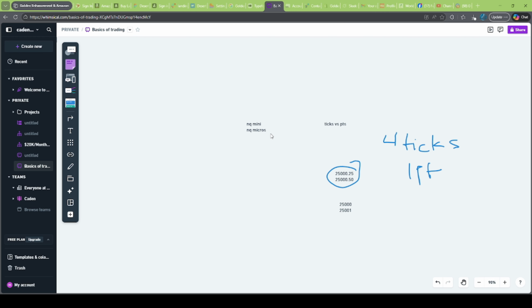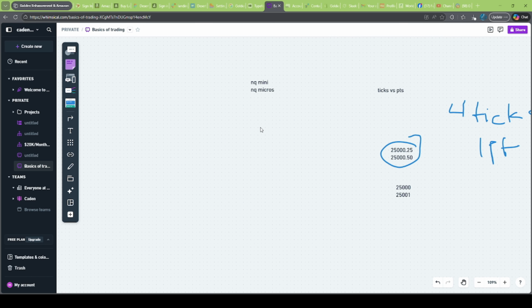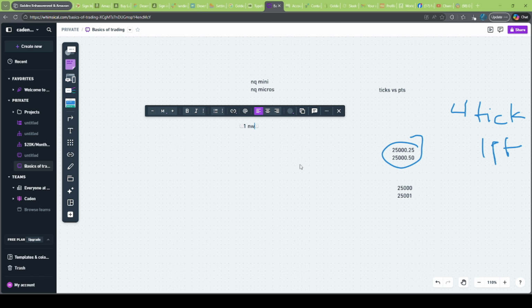Do we understand the difference between these two now? Awesome. Now that we know the difference between ticks and points, let's get into what the NASDAQ's contract pricing is. On one NQ mini contract, one NQ mini contract is $5 per tick.